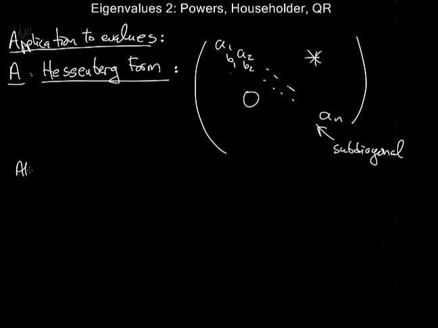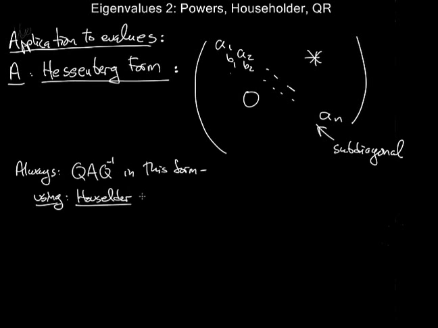Okay, so now one can always find an orthogonal matrix Q which will put your matrix A in this form. And the key point is that you can always easily see how to do this using just these Householder matrices.